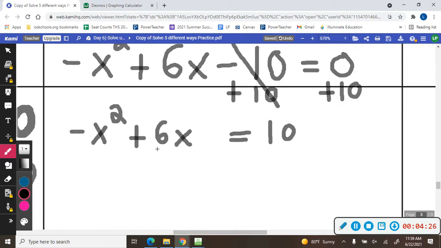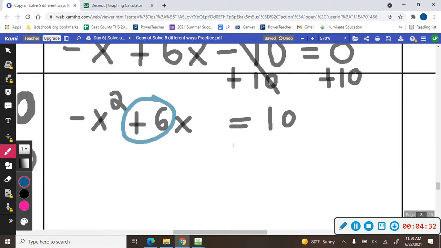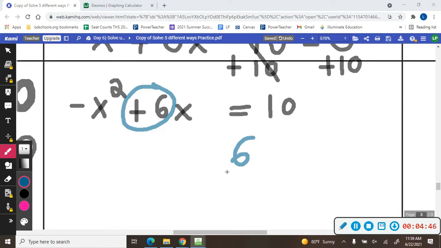From there, you take this number right here, and there's a process. The process is you take this number, you divide by 2, and you square it.